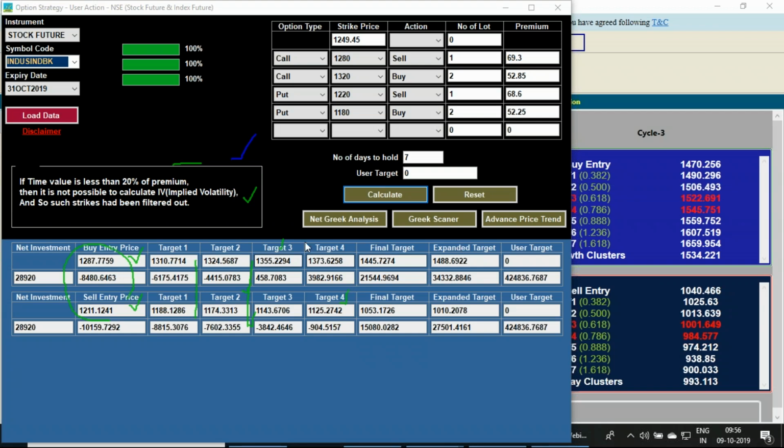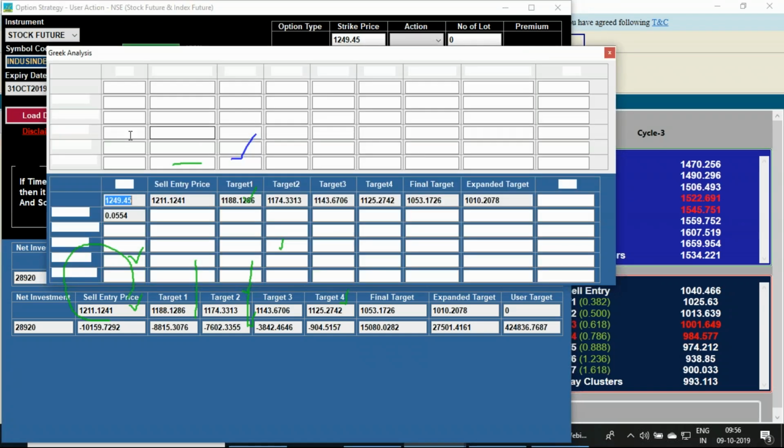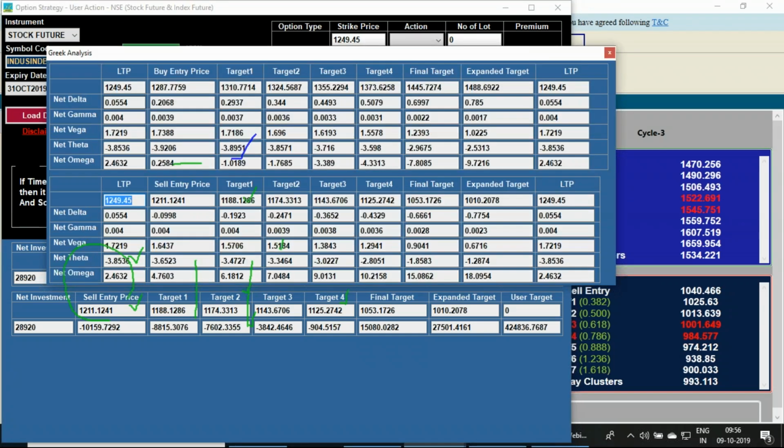Now go for the net Greek analysis. It suggests that net delta is almost at zero level, 0.05, so delta is in only a 5% range. How much delta do we have to keep, minimum and maximum? 3% minimum and maximum 30% of delta is allowed in any strategy.